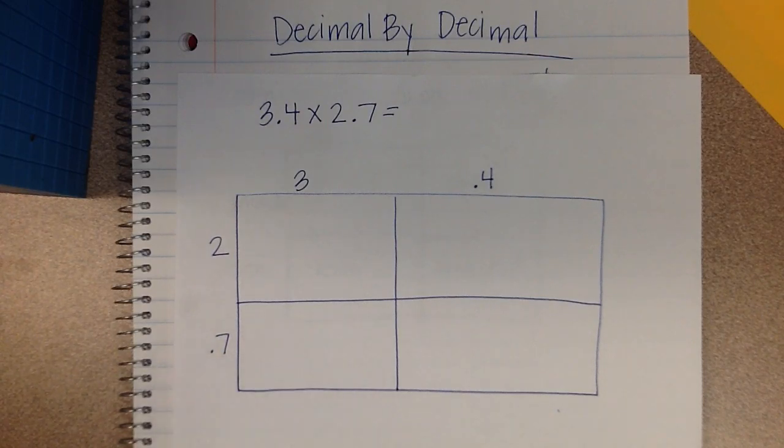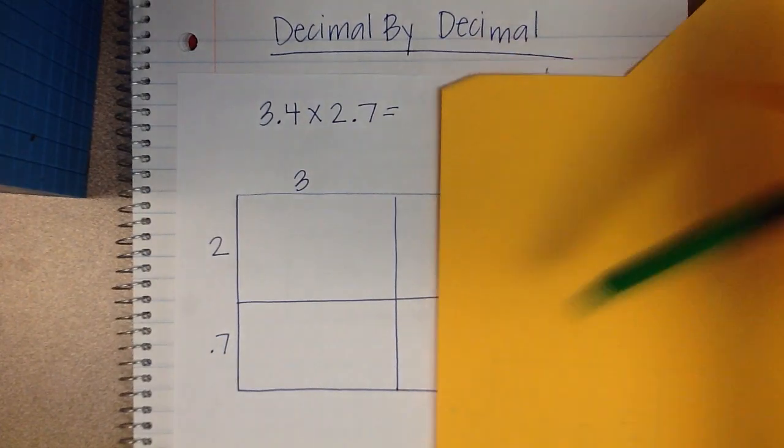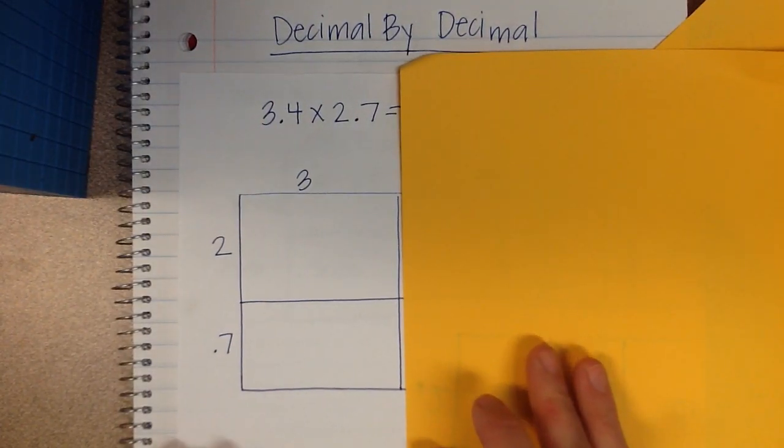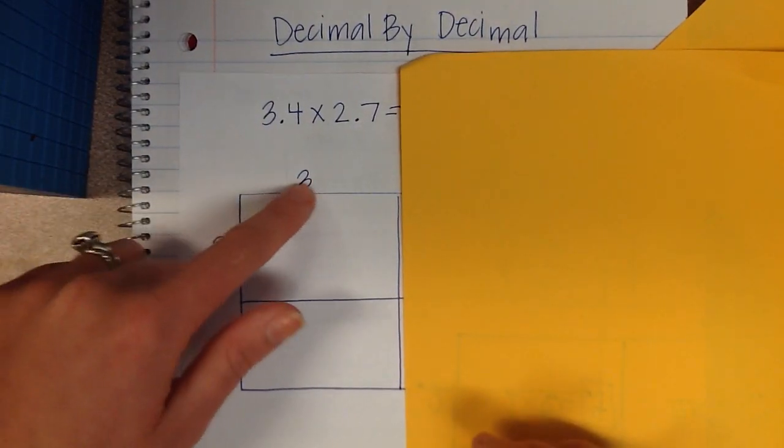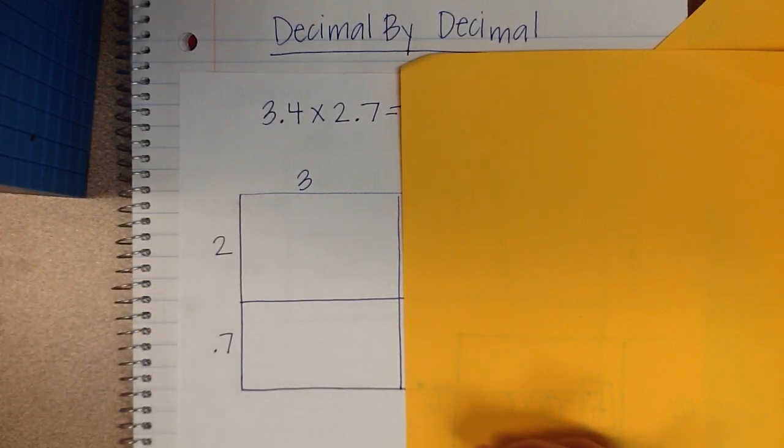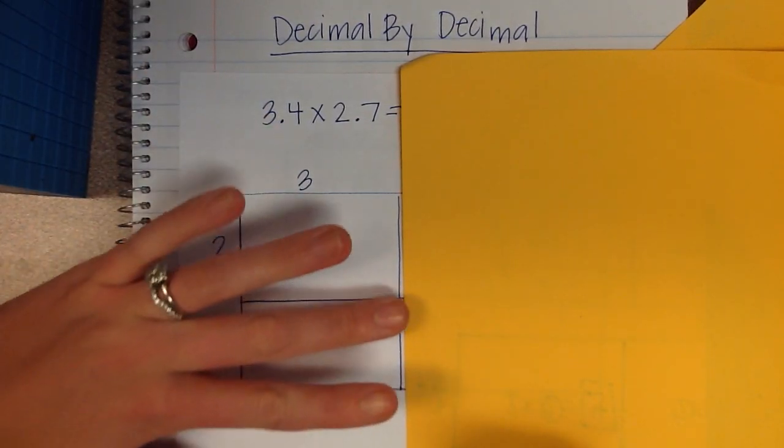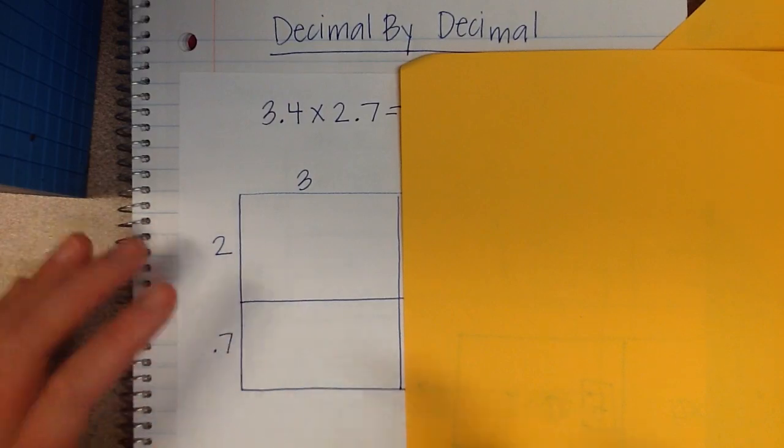So here's this. What I'm going to do is I'm going to get a green pen. And what I'm going to do is solely focus on my 3 for a second. I need to break this box into 3. I'm ignoring that line right there in the middle.